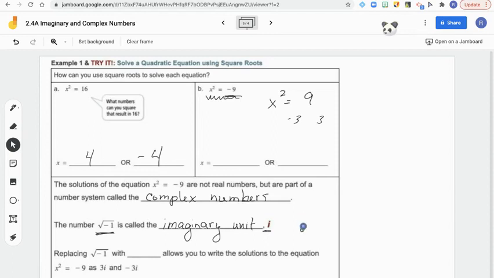We just write it just like an I. So if I replace that square root of -1 with an I, then we're able to write the solution. So you'll see down here, x squared is -9 is either 3i or -3i. It's like we've taken that negative off the front of that 9 and made it into an I. And so that's what we're going to be taking a look at today.